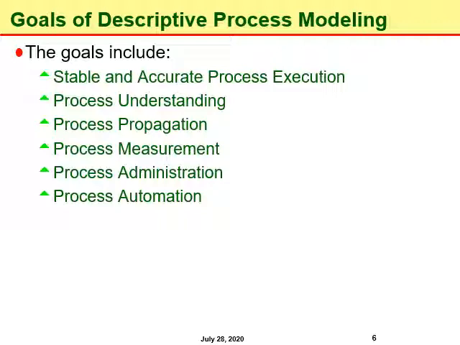Explicitly describing an organization's development process makes it possible to define goals for the process and work systematically on achieving them. Then the last goal is process automation.